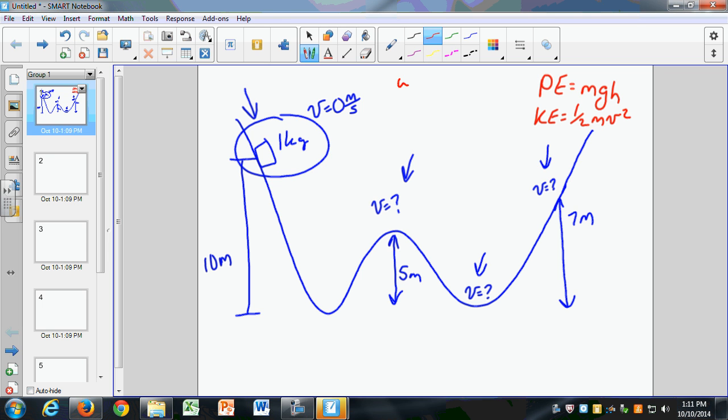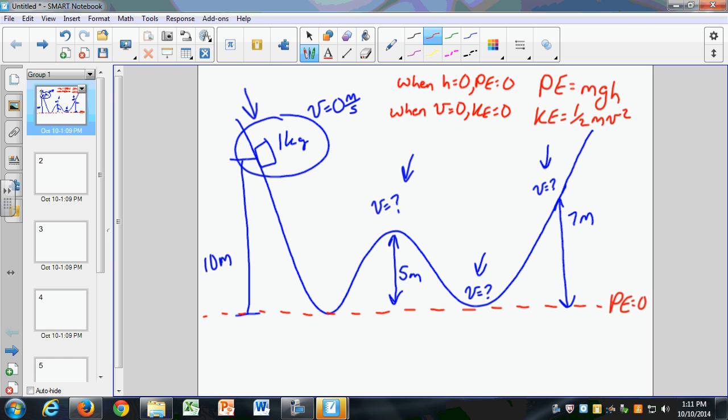So when h equals 0, PE equals 0. In this position, the only place where PE equals 0 is right here. And when v equals 0, when the speed is 0, then the kinetic energy is equal to 0.